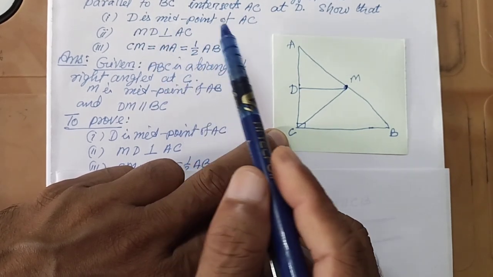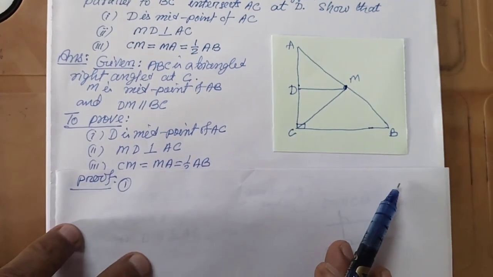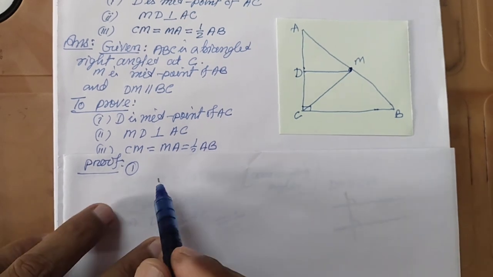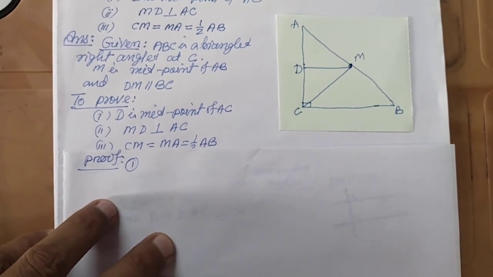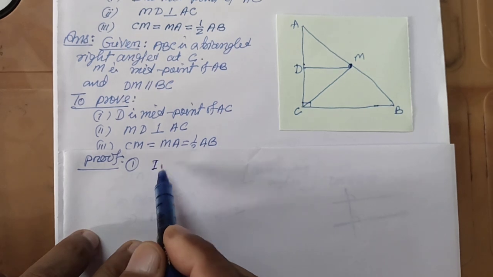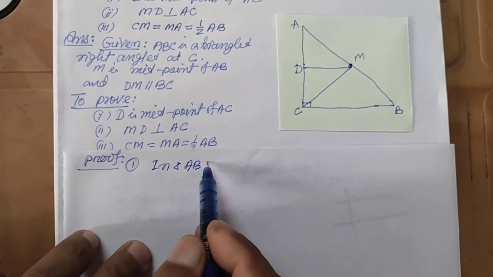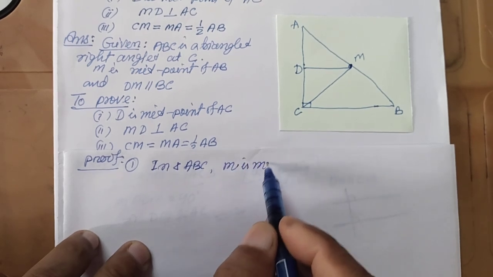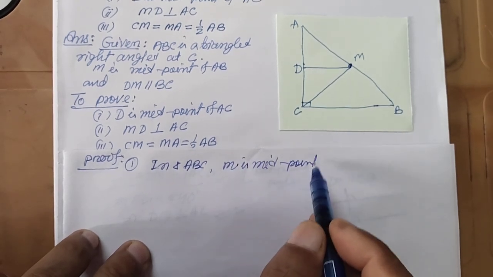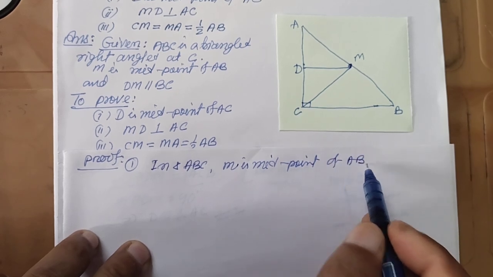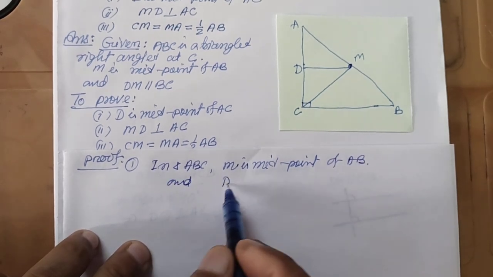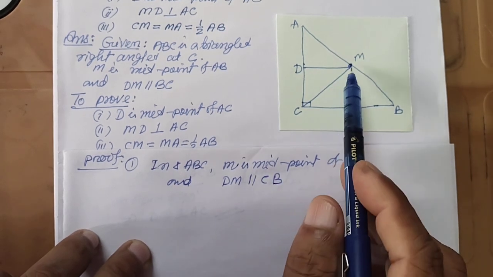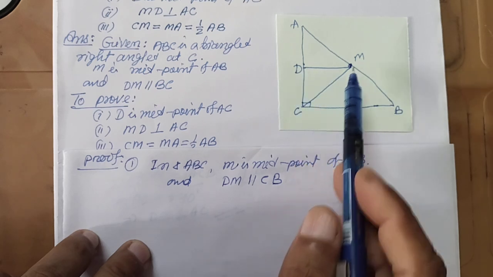Now the first condition, D is the midpoint of AC. We are proving the first condition. You see, in triangle ABC, the whole triangle ABC, M is the midpoint of AB, and also DM is parallel to CB.